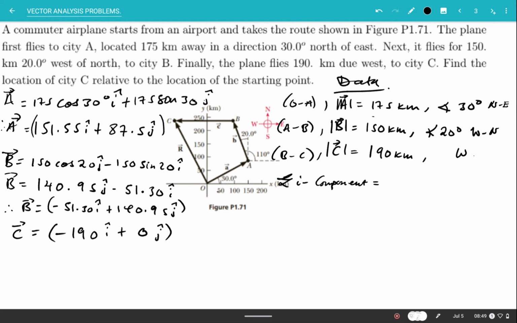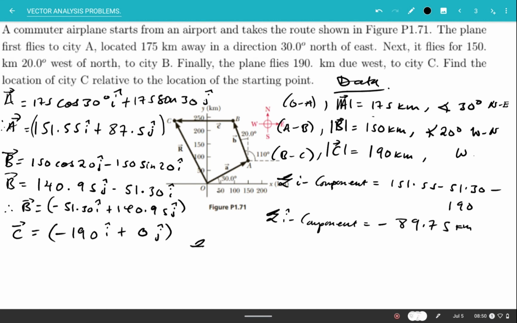This will be 151.55 plus, should be a minus because for B it's minus 51.30, then minus 190. The summation of the I components, if you say 151.55 minus 51.30, then minus 190, you get minus 89.75 kilometers.